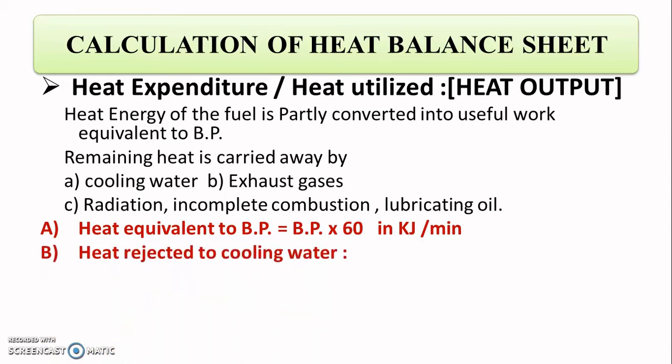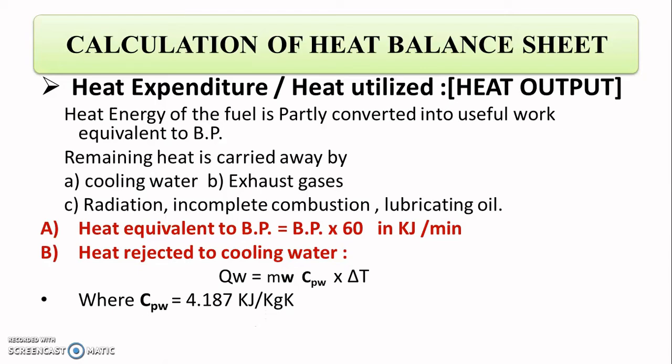Heat rejected to cooling water is calculated by the formula QW is equal to MW into CPW into delta T, where CPW is the specific heat of water at constant pressure, which is equal to 4.187 kilojoule per kg Kelvin. Delta T is the temperature difference.